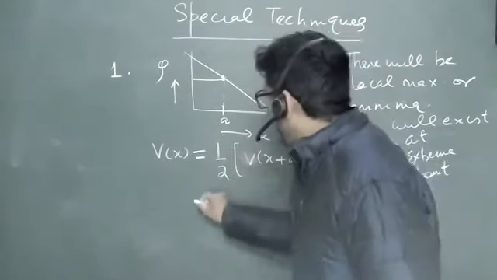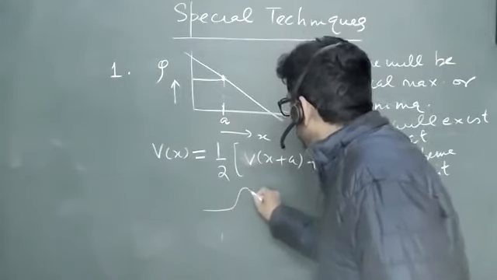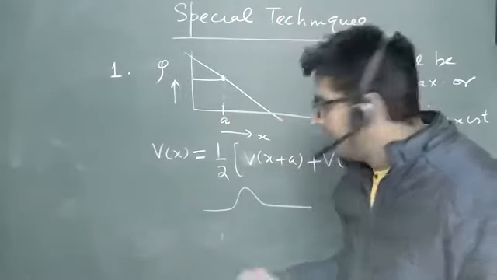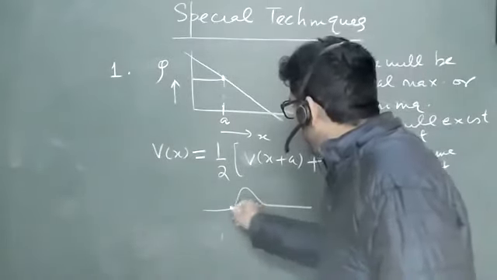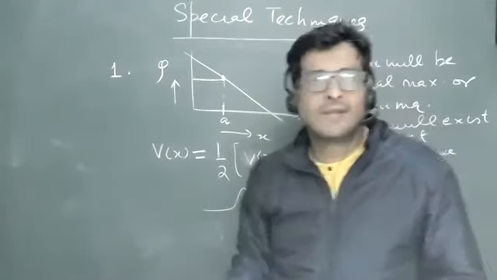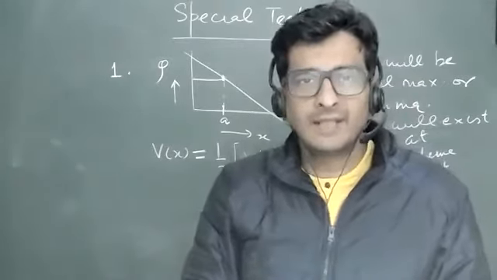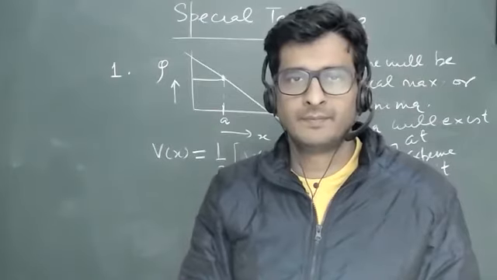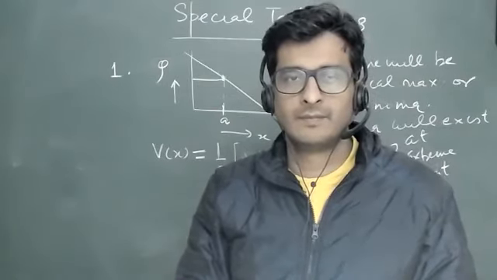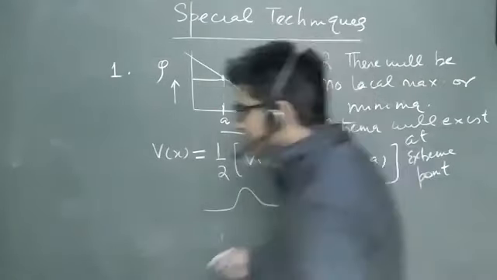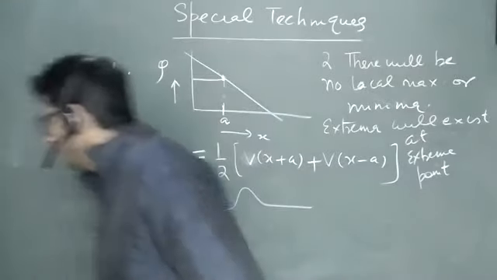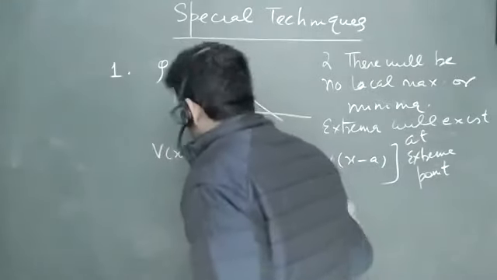Suppose you have a function which is like this, and if I will take the average values here, then the average values will not be the same. So that means these both agree with each other.